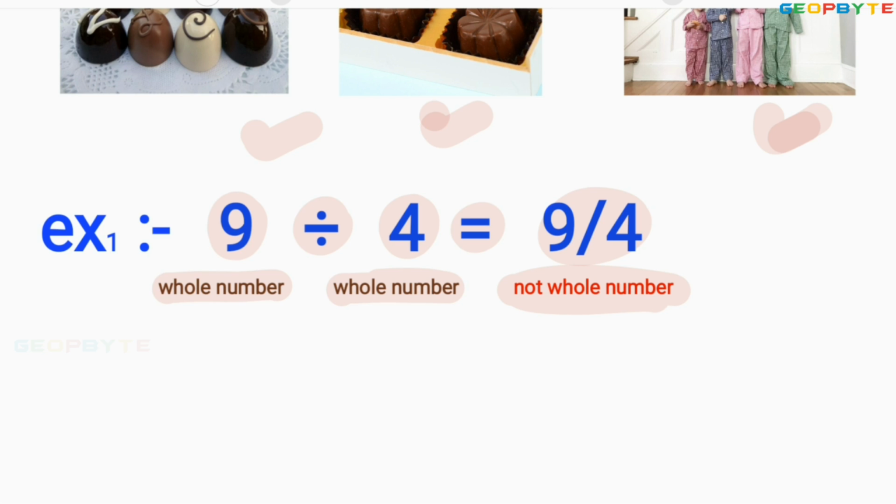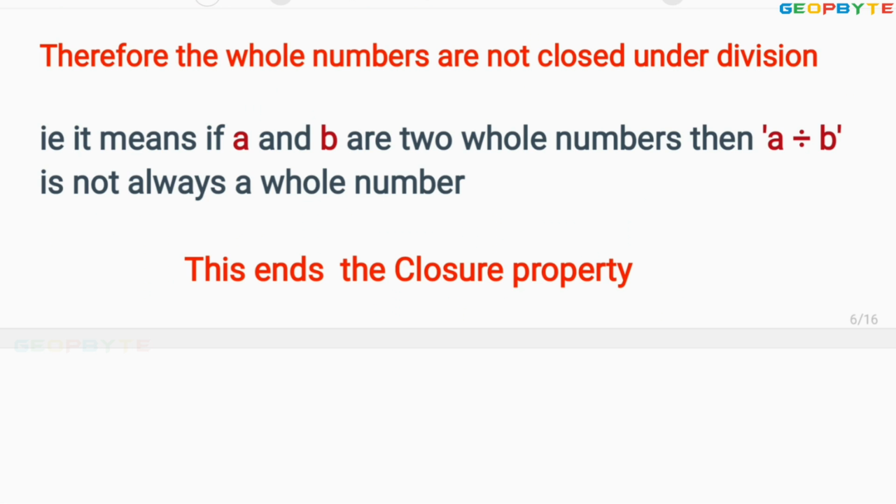Dear friends, believe me, the whole numbers are said to be closed under multiplication and addition, and the whole numbers are not closed under subtraction and division. The conclusions are like this. Look at the conclusions.